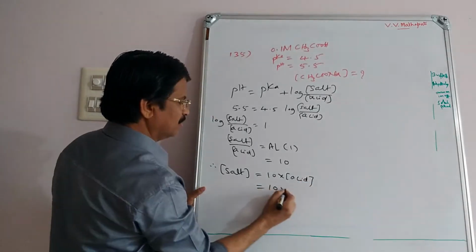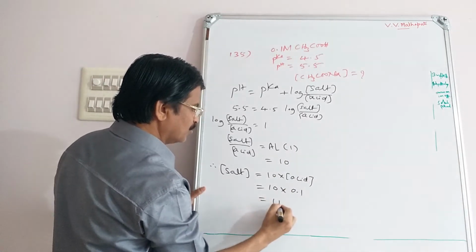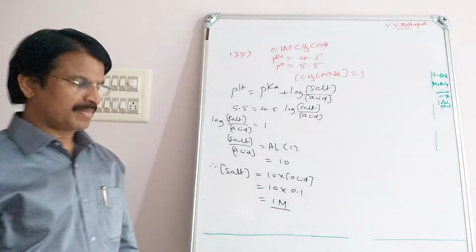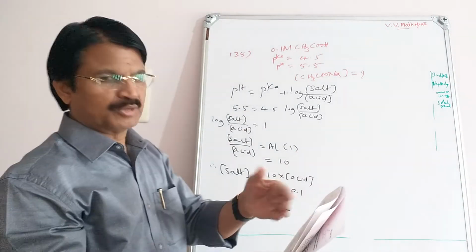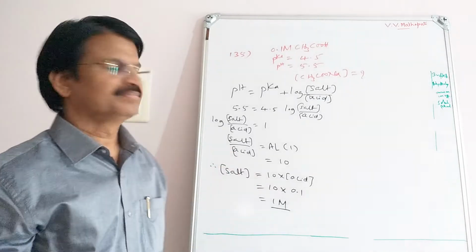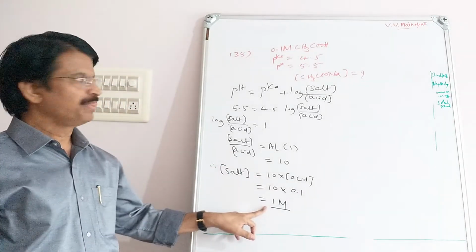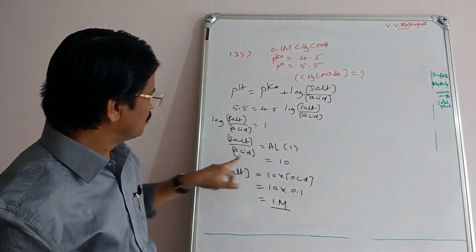The acid concentration is 0.1, so 10 into 0.1 equal to 1 M. In the question, the options are 0.1, 0.2, 1, 10. Yes, we got 1 M. That is the method you can see. Here we calculated concentration of salt.